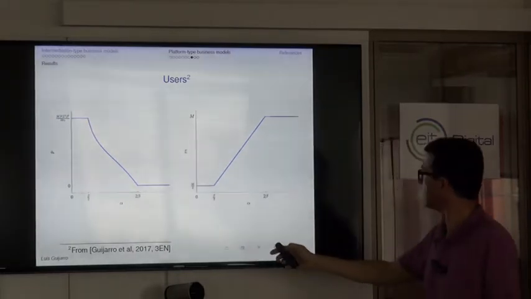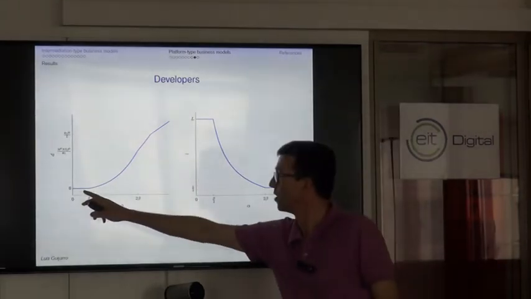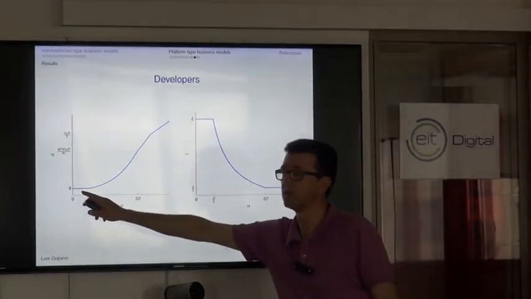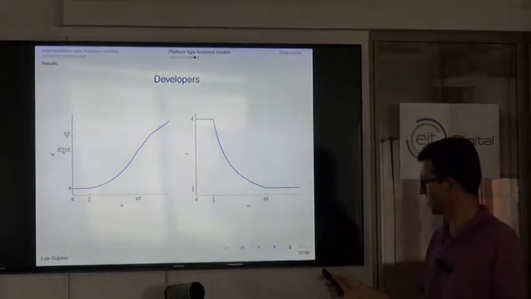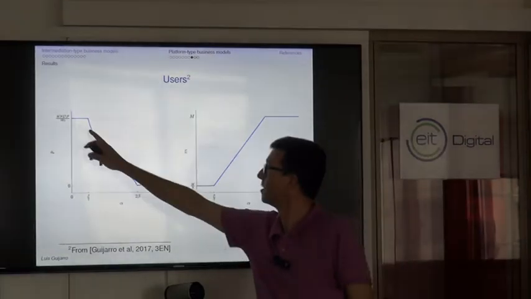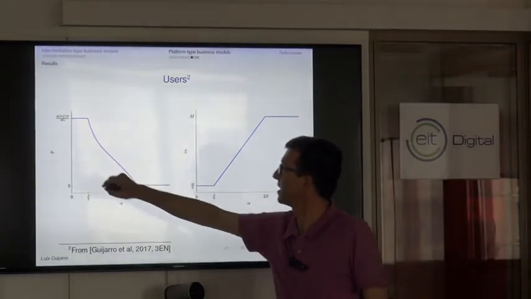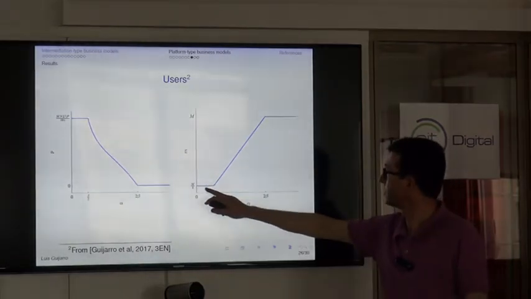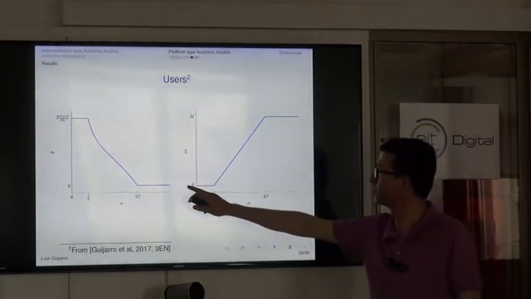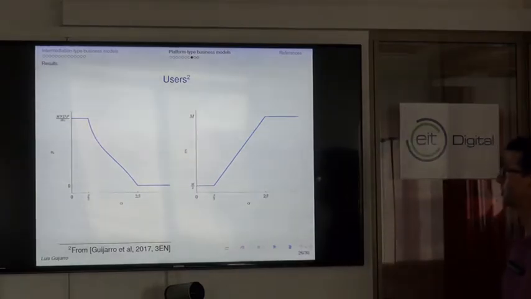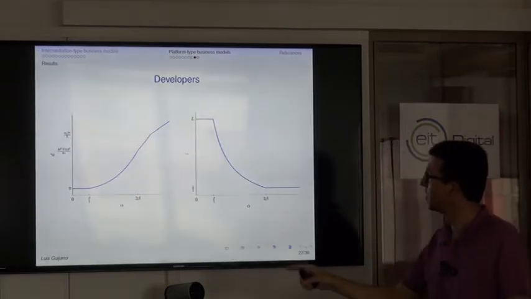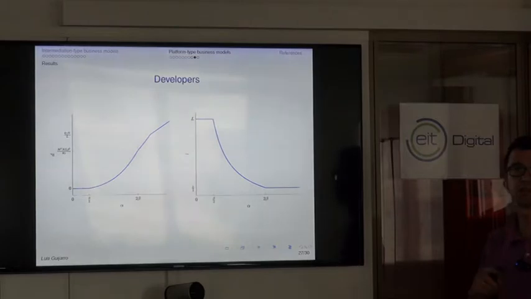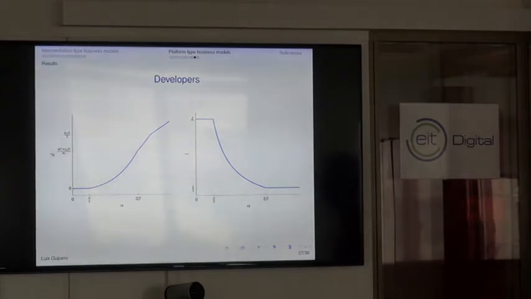That is, offering free registration to the developers, so that all developers register, and instead charging a non-zero price to the users, which ends up with only half of the total number of users subscribing to the service. This trade-off in subsidizing one side or the other is quite common in platform business models.